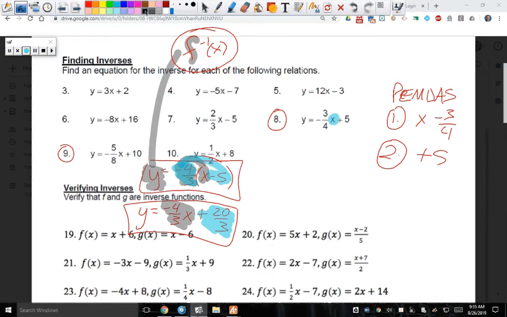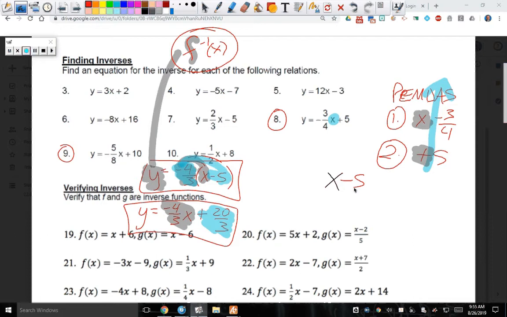So my shortcut says, just take any x, and we're going to do the backwards opposite operations. You with me? So I'm going to do what to this x first? Subtract 5. Now this is my full running answer.